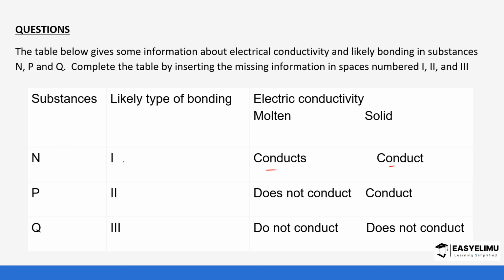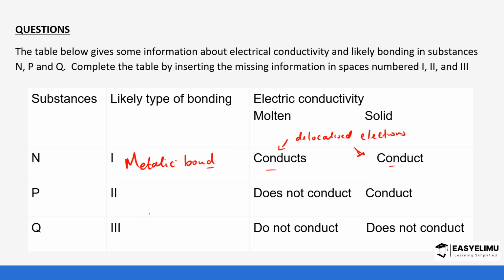We just said that this is going to be metallic bonding. Substances with metallic bonding are the ones that conduct electricity both in molten and solid states. And remember, the particles that conduct are the delocalized electrons, in both cases.